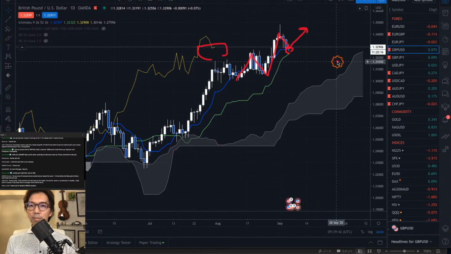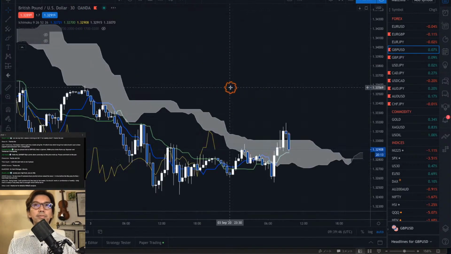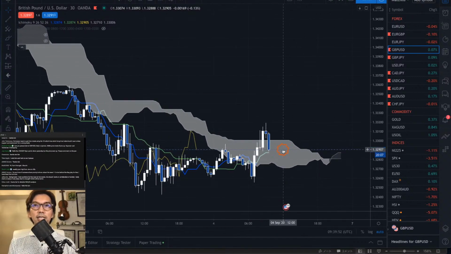With that in mind, let's take a look at the 30-minute chart. In the 30-minute chart, it's been ranging, the Kumo flat, Kijun-sen flat, Tenkan-sen flat. Chikou span is above the candles now. So first of all, we have to wait for the Tenkan-sen to get away from the Kijun-sen.